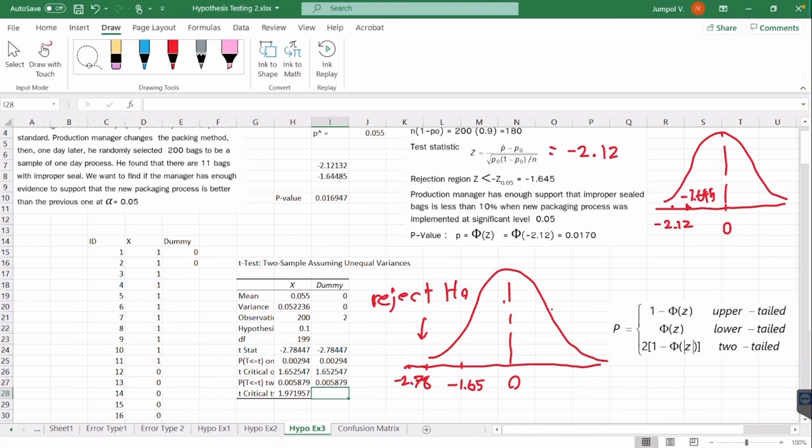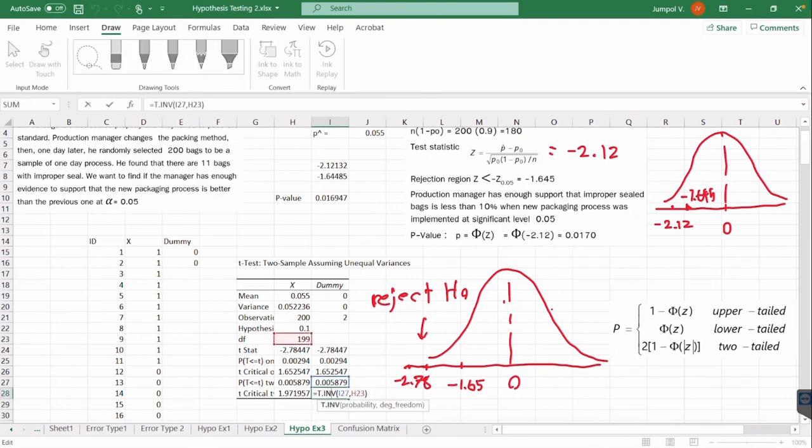The critical value for a two-tailed test is T.INV. The probability is this one, the degrees of freedom is this one.